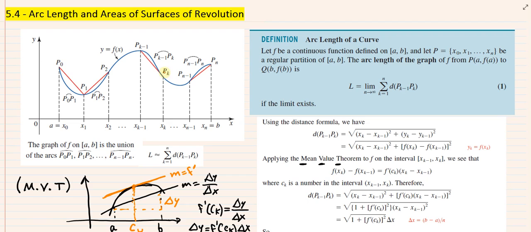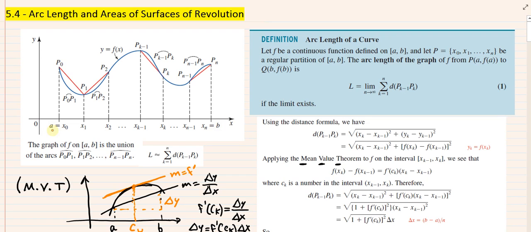But if something bends and twirls and curves, then we need a different way of doing this. So in order to find the length of the curve, or the arc length, we're going to partition. First of all, we're going to partition the number line from A to B, where A is less than or equal to B, and we would like to create what we call a regular partition.